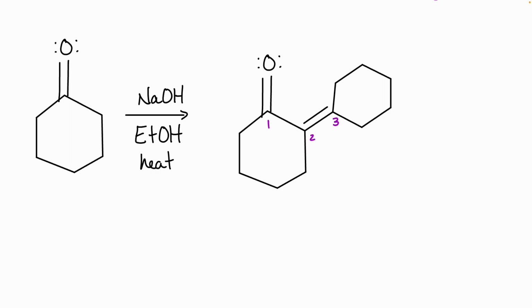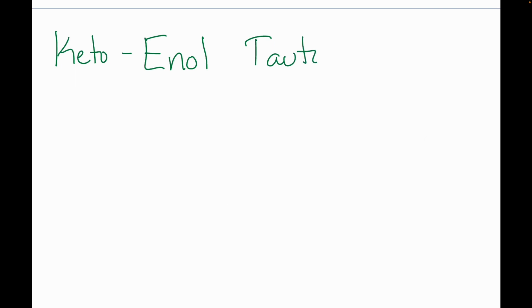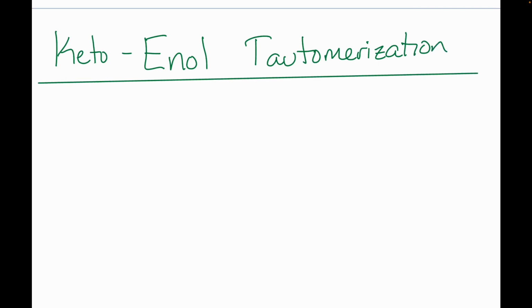The last thing we're going to do is to talk about these same sort of phenomena, this alpha carbon chemistry, but now under acidic conditions. And it revolves around what's called keto-enol tautomerization.